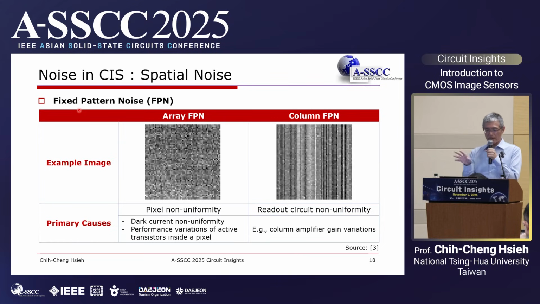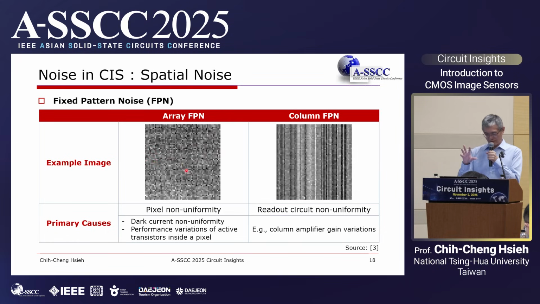And there are two kinds of fixed pattern noise, array level and color level. So you can imagine that the array level comes from the pixel, and the color level comes from the column circuit. So every time you finish the design, you do the measurement.